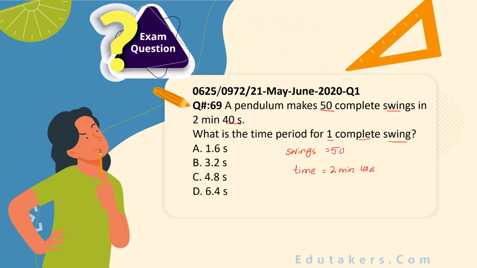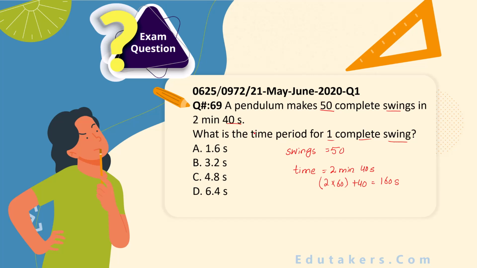First of all, you need to convert the time into seconds. As you know that in 1 minute there are 60 seconds. So there will be 2 times 60, 2 minutes converted into seconds, plus 40. It would be equal to 160 seconds.